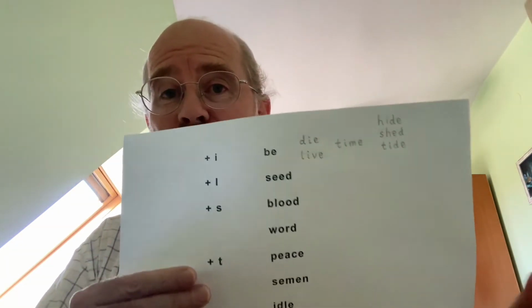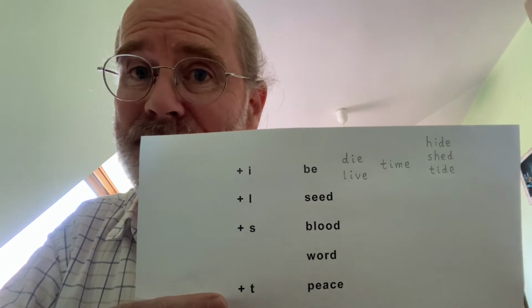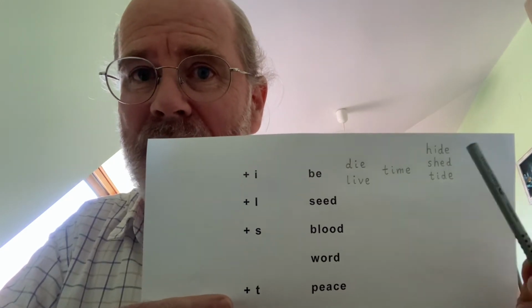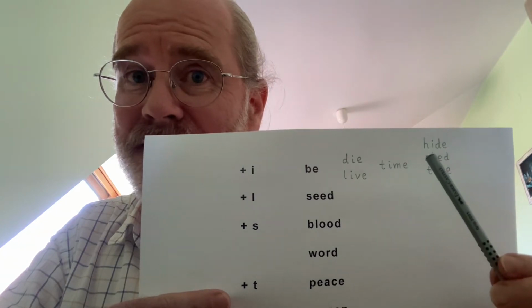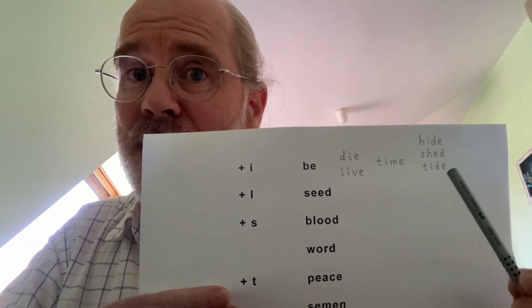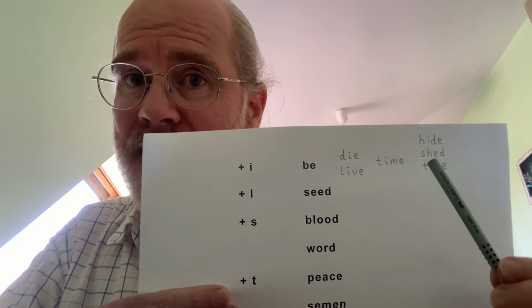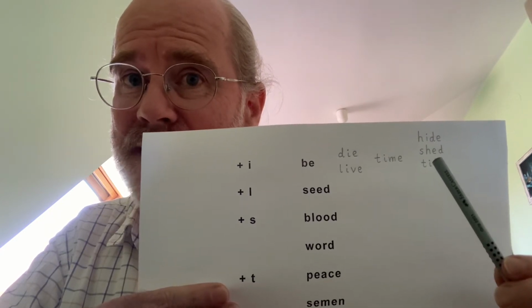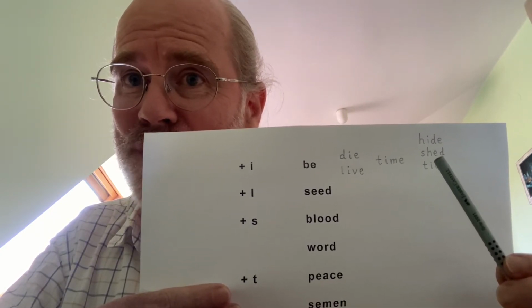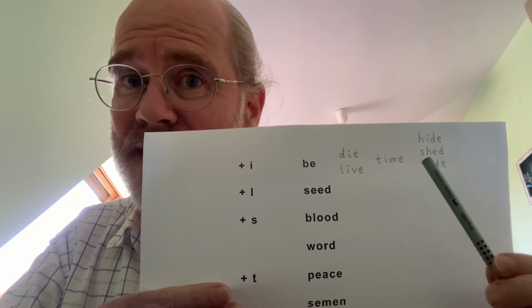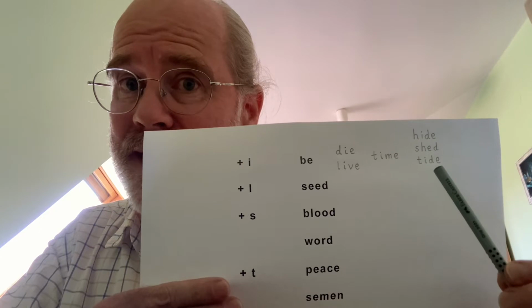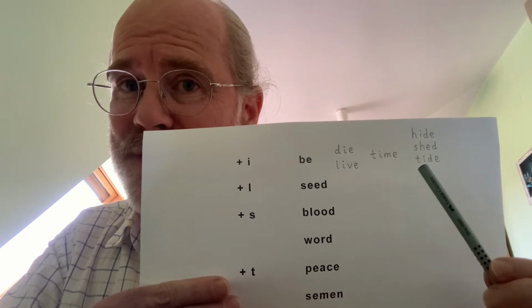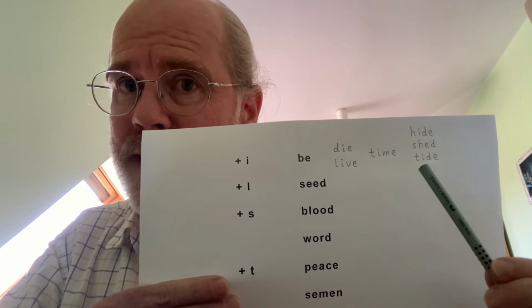Hide, shed, and tide. Hide, you see, has D-I-E with the addition of the letter H. Shed has D-I-E. I've taken a step in the alphabet, H-I, with the addition of the letter S. And tide has D-I-E with the addition of the letter T.